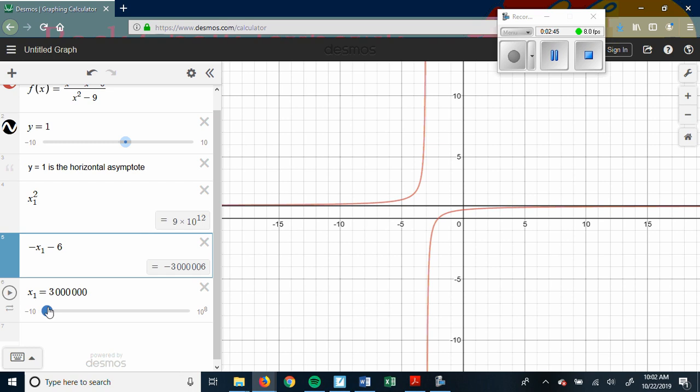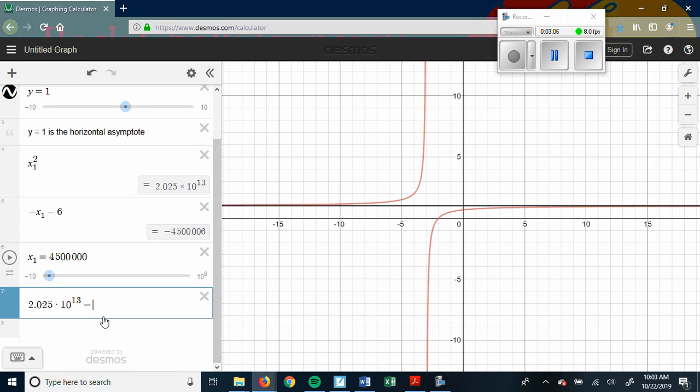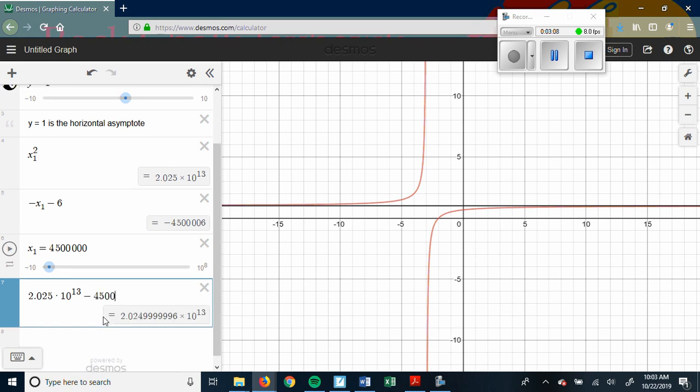Notice that as x got big, this number got really big really fast and completely dominates this number here. So let's write 0.025 times 10 to the 13th, and we're going to subtract 4,512,346. Look at that. Even though it does change it a little bit, it's still practically 0.025 times 10 to the 13th. It hasn't really changed at all.